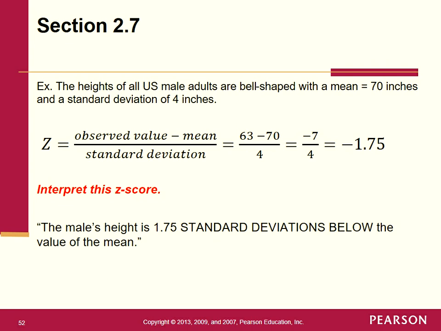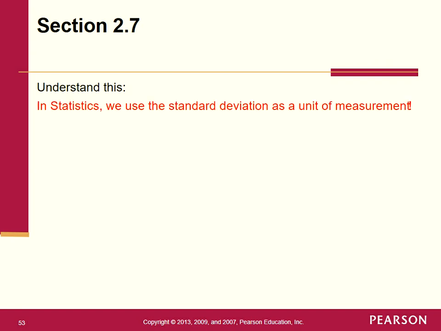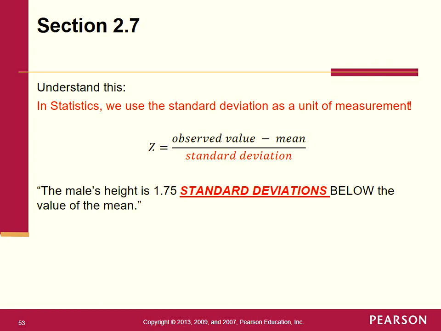So let's not forget about this interpretation. I want you to understand, we're trying to hint towards a concept here in statistics that's really important, and most authors just don't even mention this, even as we get into more complicated things. In statistics, we use the standard deviation as a unit of measurement. That's what we just did. Notice the standard deviation is in the denominator, and notice in our interpretation, the male's height is 1.75 standard deviations.